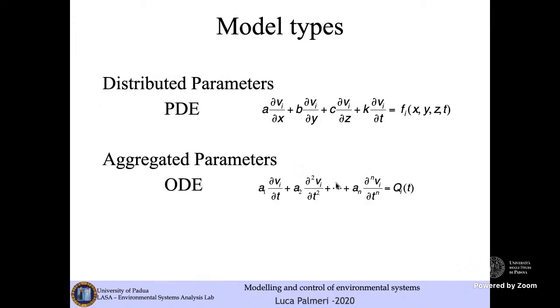Okay? From a mathematical point of view, concerning the mathematical formalisms, we may immediately anticipate that distributed parameters models are in general described by partial differential equations. I have written here an example of a partial differential equation.